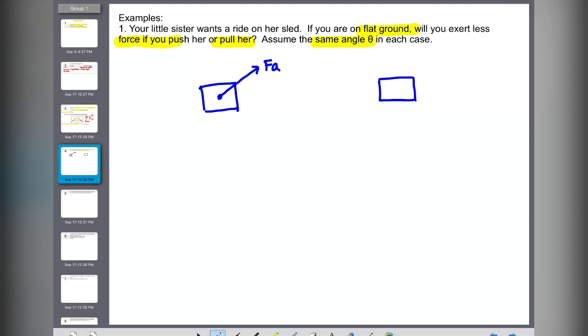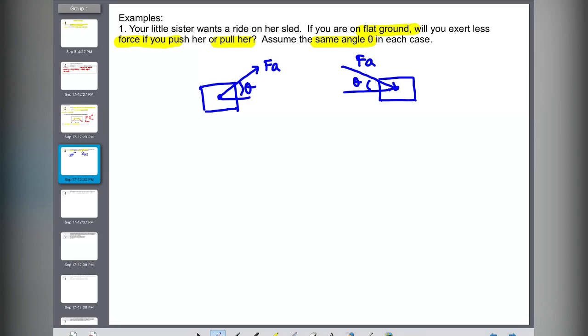If this is pulling, your Fa goes like that. If you're pushing, your Fa goes like that. And they're saying that it's at the same angle, so angle theta is the same for both cases.